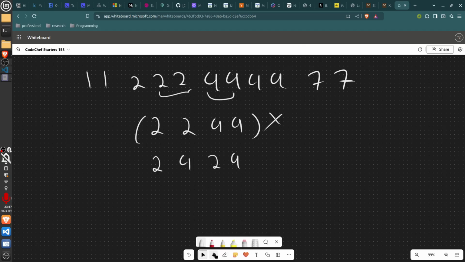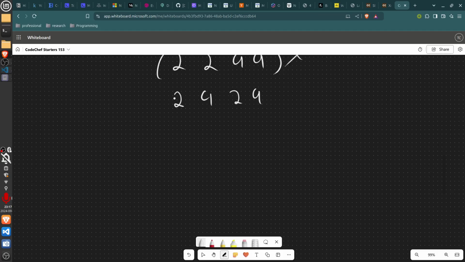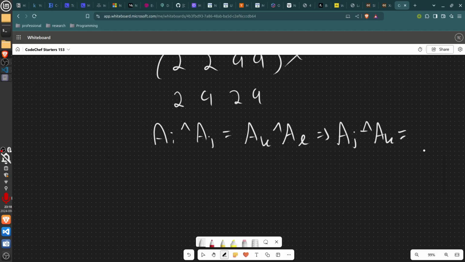And so the property earlier, where if AI XOR AJ is equal to AK XOR AL, when these were all distinct, implied that AJ XOR AK equals AI XOR AL, and that everything is not zero. But in this case it's different, because if you have duplicates, that means you're going to have x XOR y equals x XOR y. That's the duplicates.